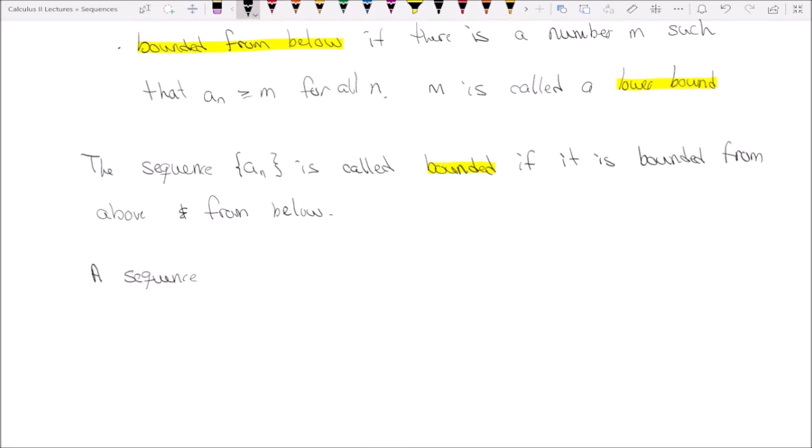A sequence that is not bounded is called unbounded.